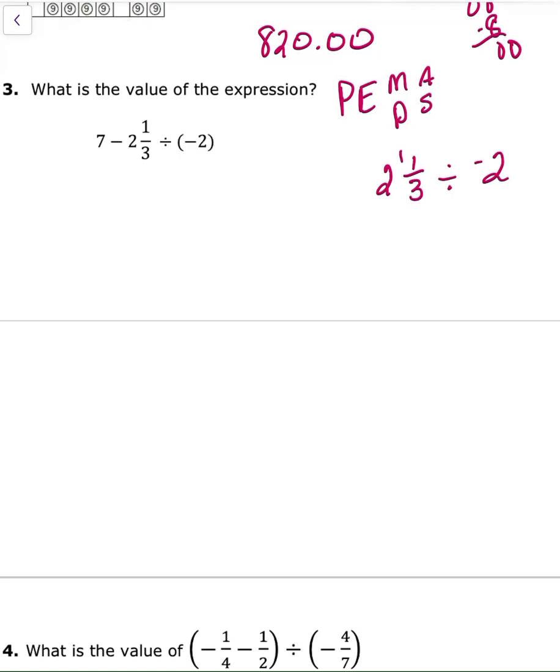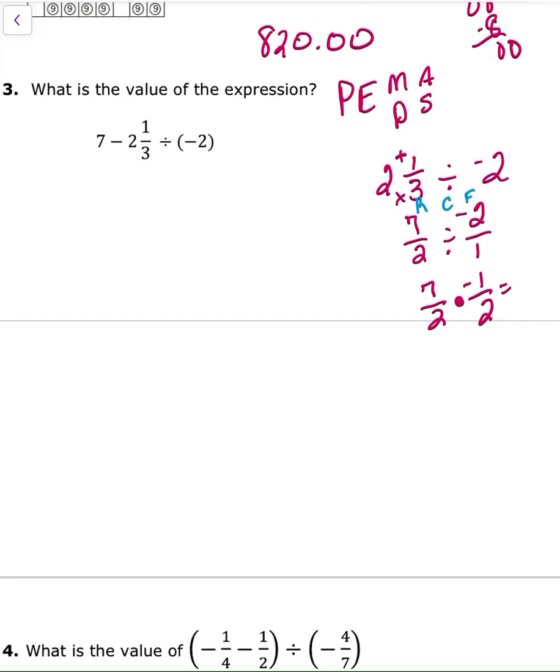Now I need to make this improper. 6, that'd be 7/3 divided by 2/1. And then a lot of people do keep, change, flip. So we're going to keep the 7/3 and change divide to multiply, and then we're going to take the reciprocal.